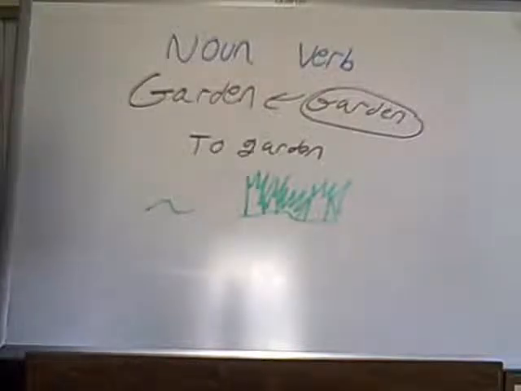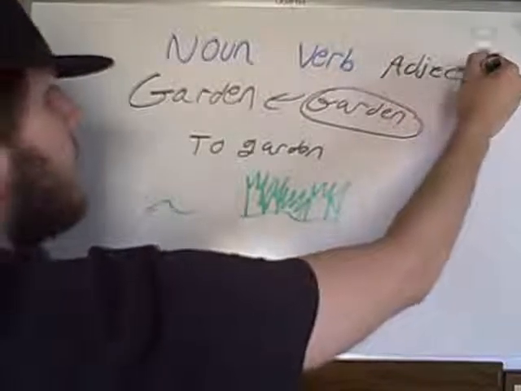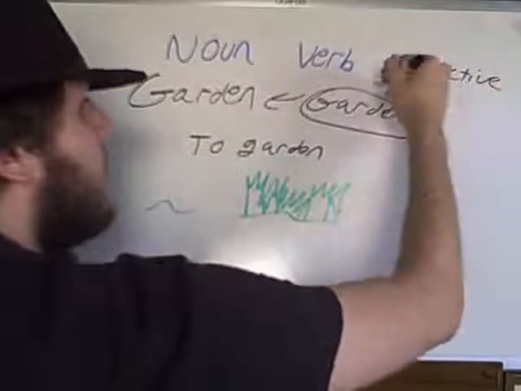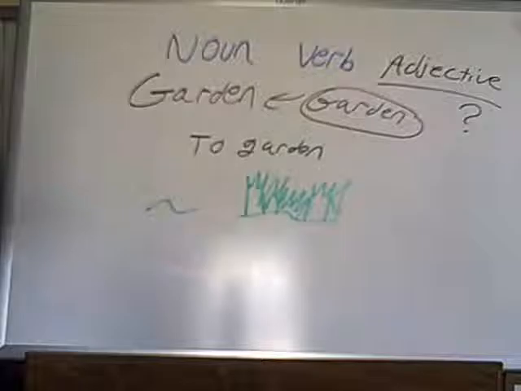Now, does garden have an adjective form? No, it does not. At least not outside of gardening, because gardening is an industry, and most industries have their own technical vocabulary.